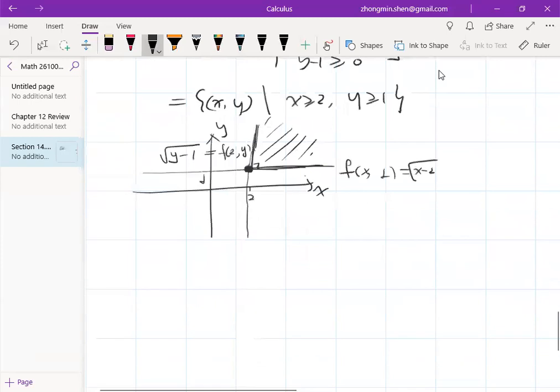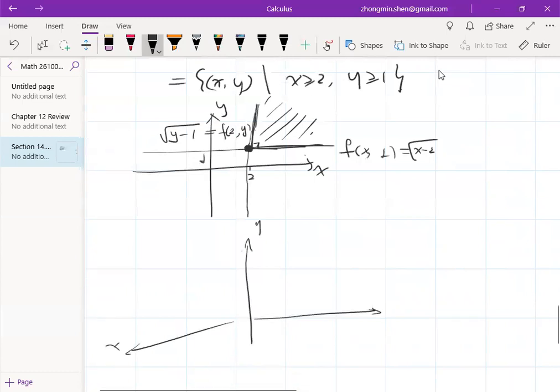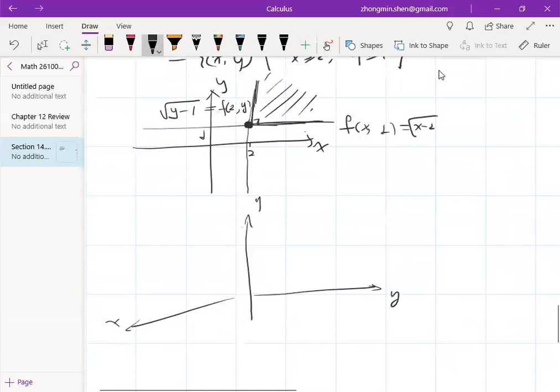So it's harder to draw it. I'm going to draw it in a 3-dimensional space. This is x, this is y, this is z. The graph is defined over here, right?